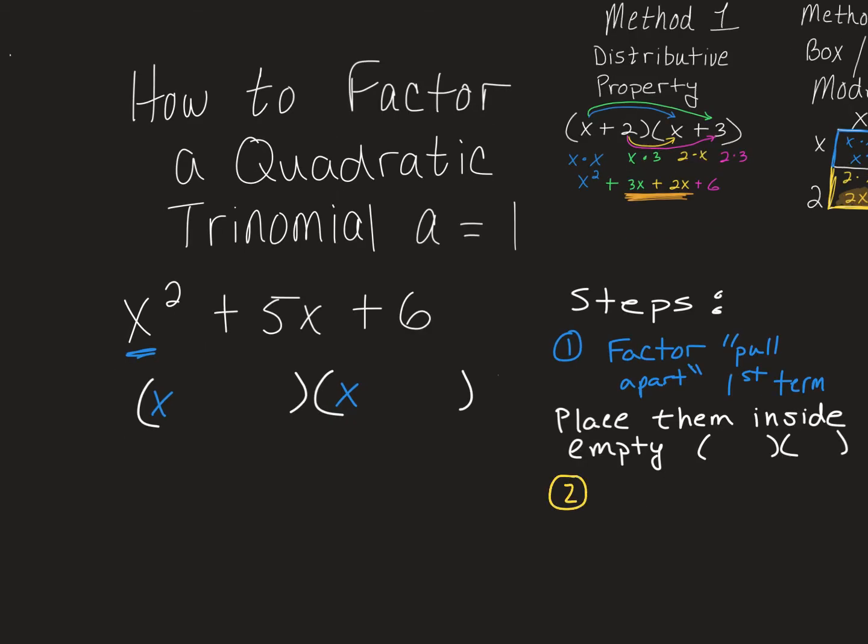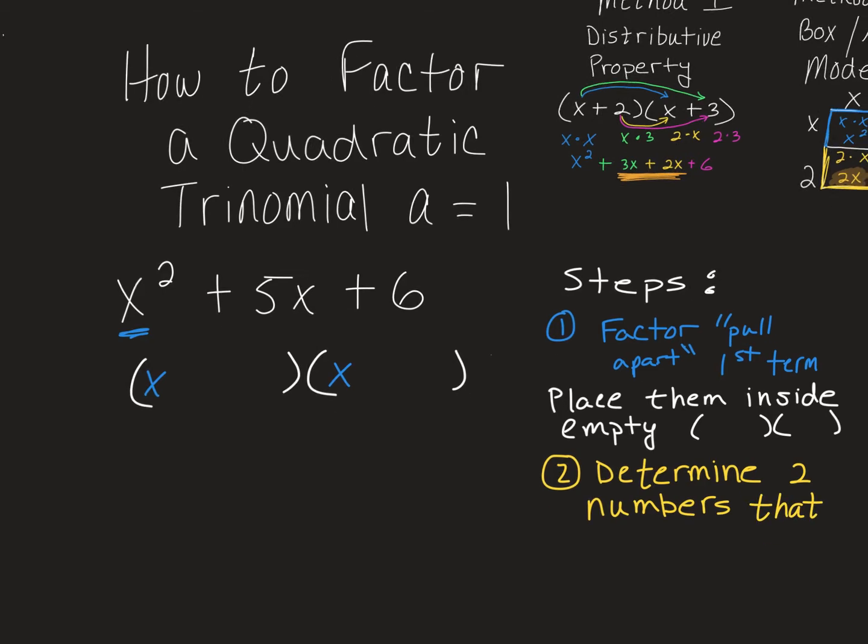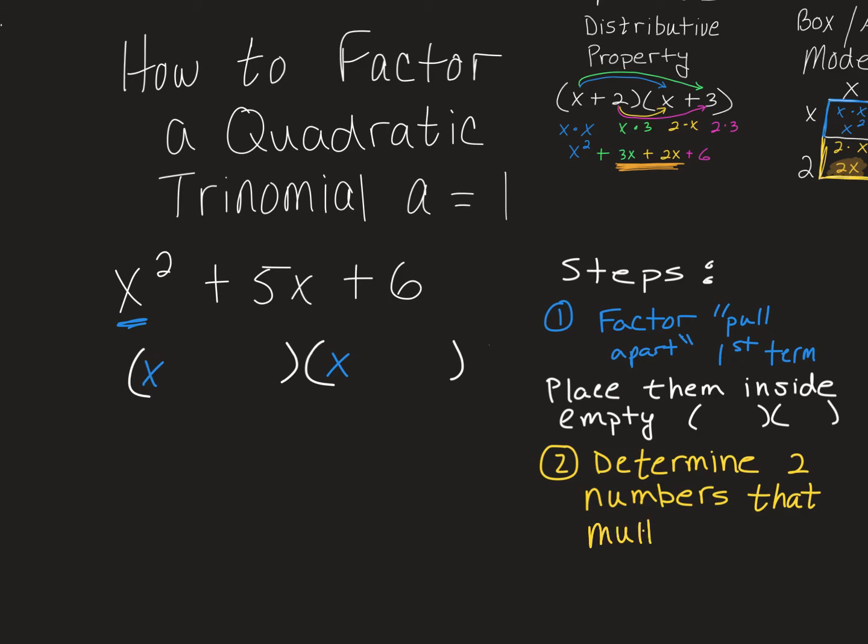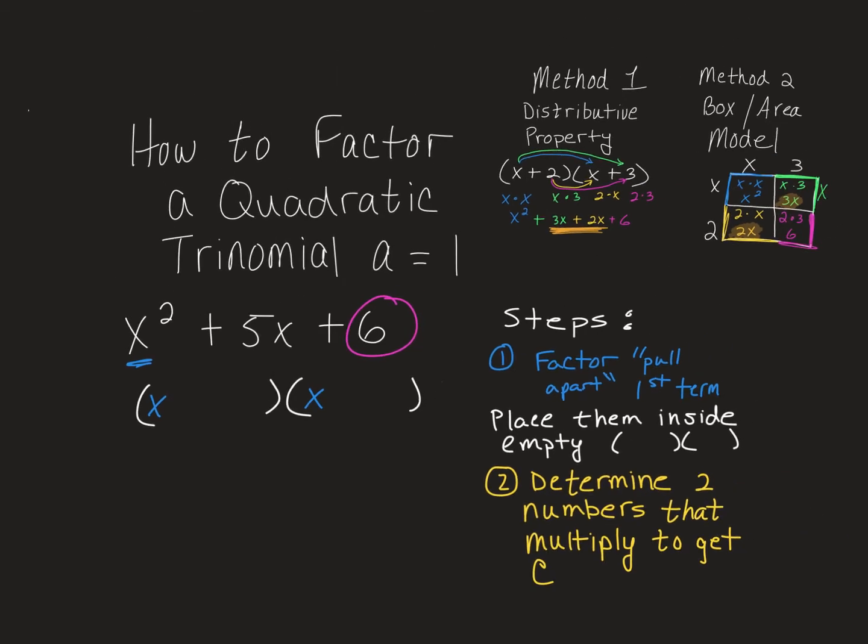Now for step 2. We need to determine two numbers that you would multiply to get C. And remember that C is the third number in that trinomial.